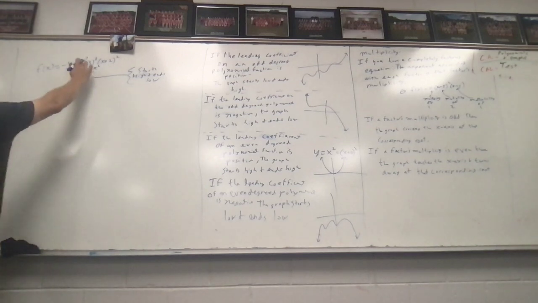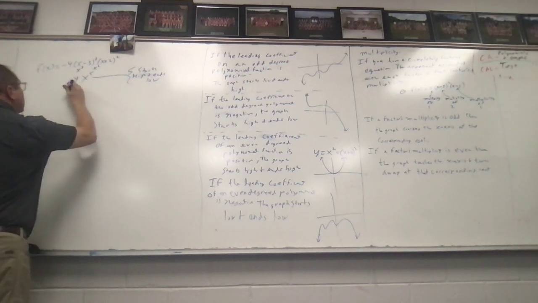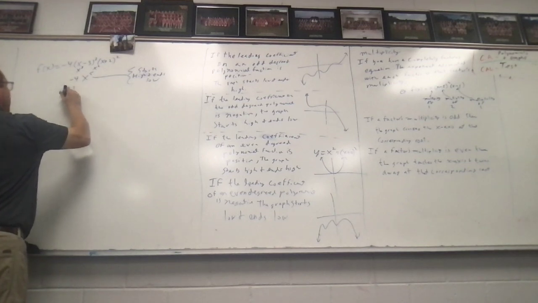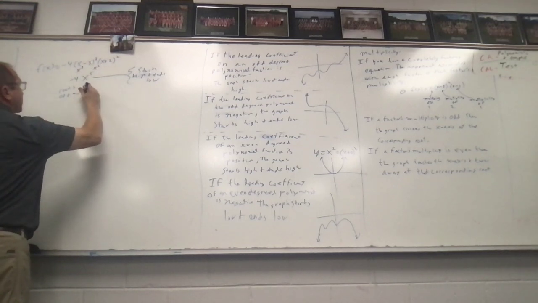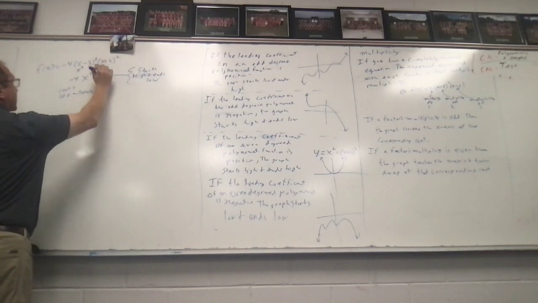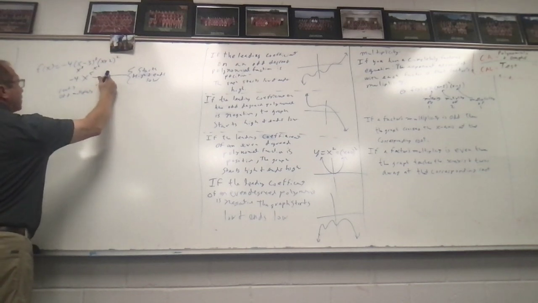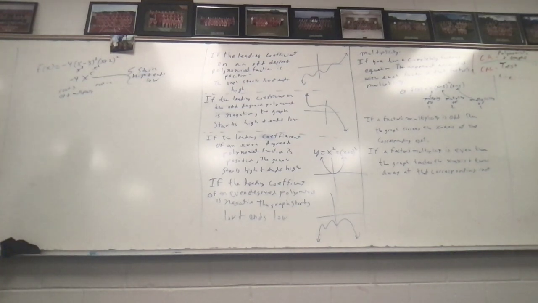All right, so what is my root associated with x minus 3? 3. Odd multiplicity. Again, not because this number here is 3, but because that exponent's 3. And then this would be negative 2. What's the multiplicity associated with 2?